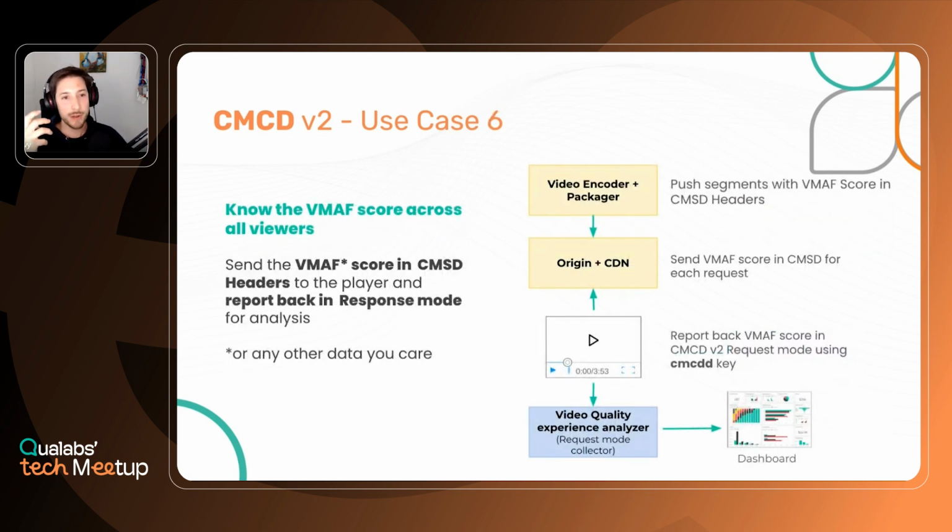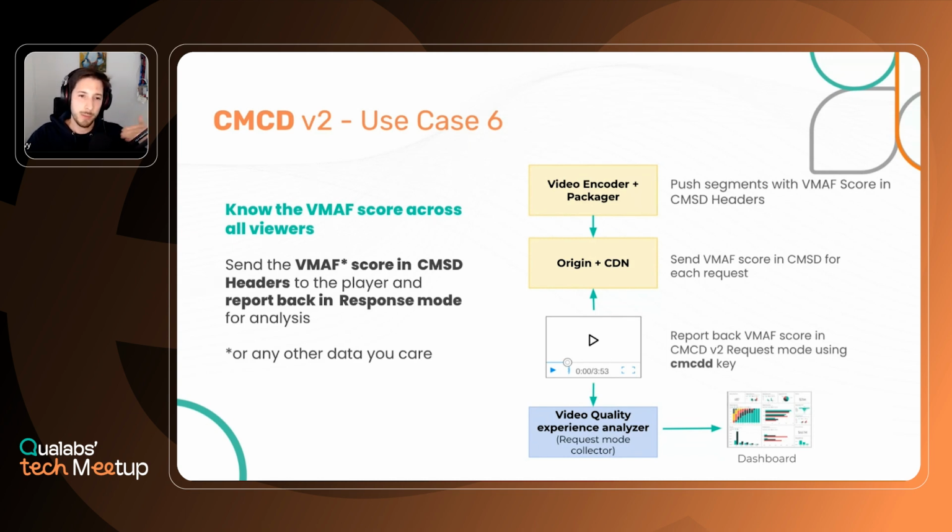And there are a lot of use cases, and this one I love. For example, now you will be able to know the BMAF score across all your viewers, across all the sessions. How? You can send the BMAF score into CMSD when the video encoder creates the frames or whatever. You can send that information to the origin, to the CDN, through CMSD.